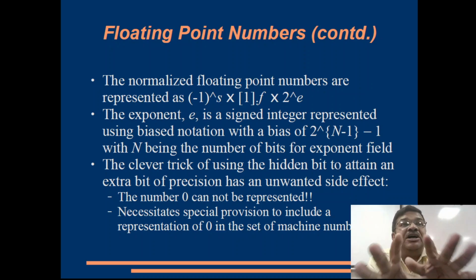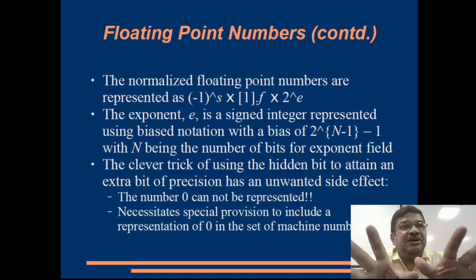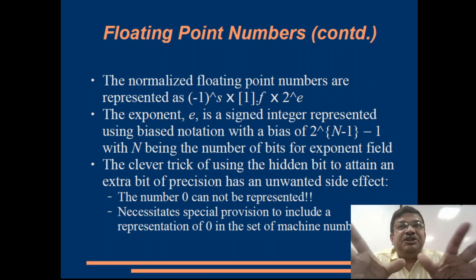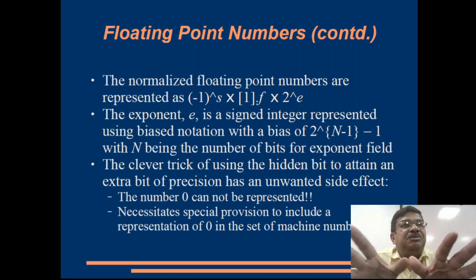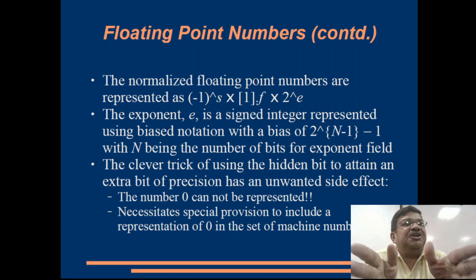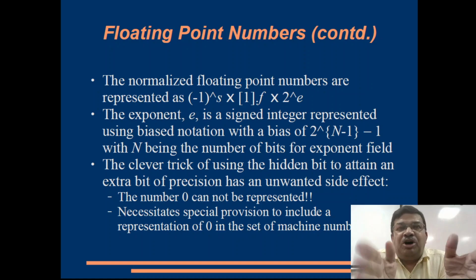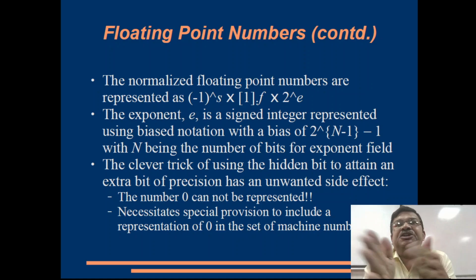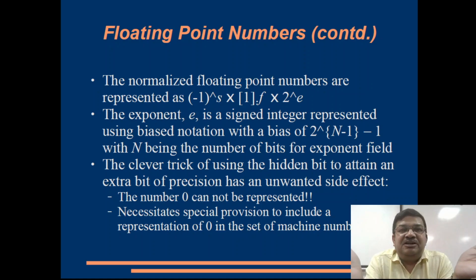Those numbers are distributed exponentially, and therefore the difference between two consecutive numbers can be very, very different depending on the magnitude of the number. Small magnitude numbers are more closely spaced, large magnitude numbers are very sparsely populated.